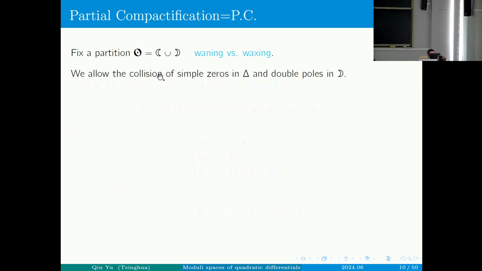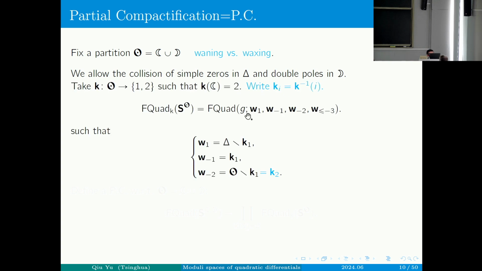And we will allow the collision of simple zeros in the decoration set with the double poles in the right moon. So the partial compactification basically means that you want to add other types of singularities of quadratic differentials. So usually you can just collide singularities, and this is the type of collision we allow.